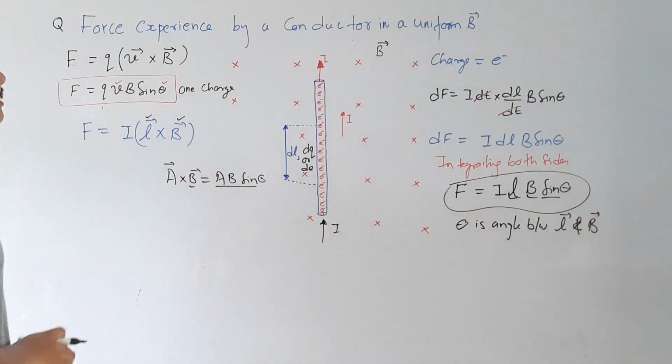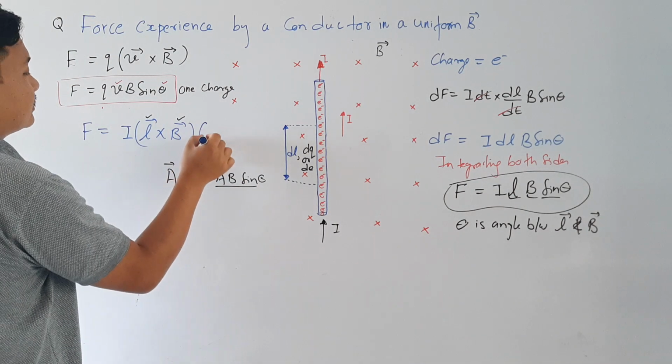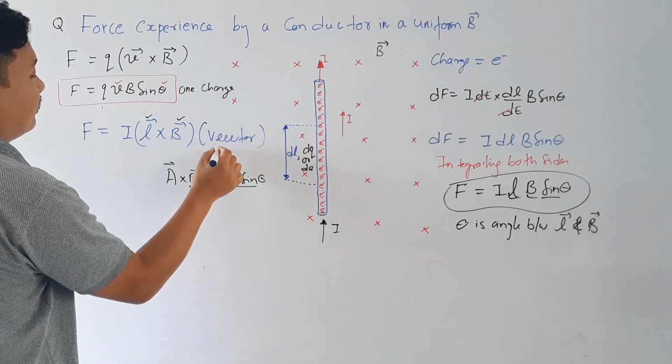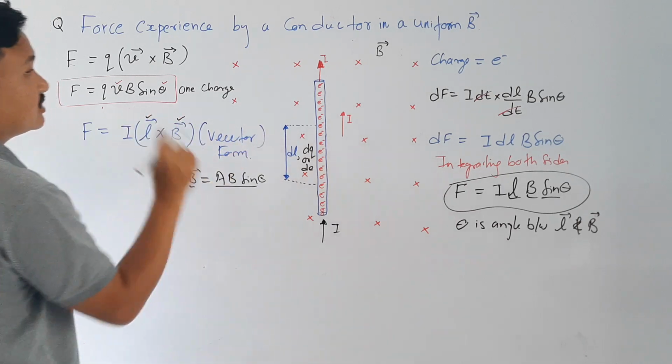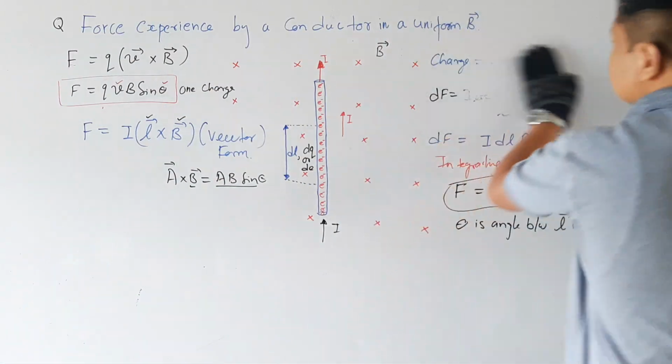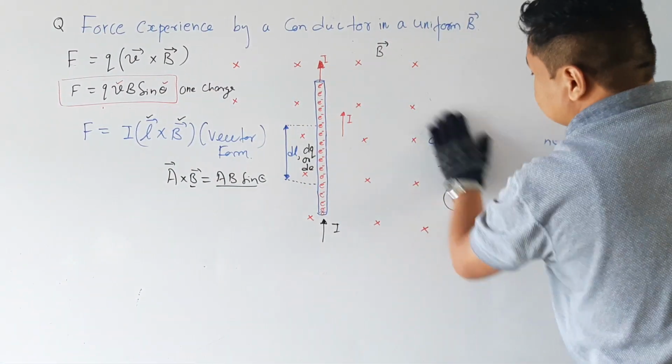So this is in vector form. So this is all about the force experienced by a current carrying conductor in a uniform magnetic field.